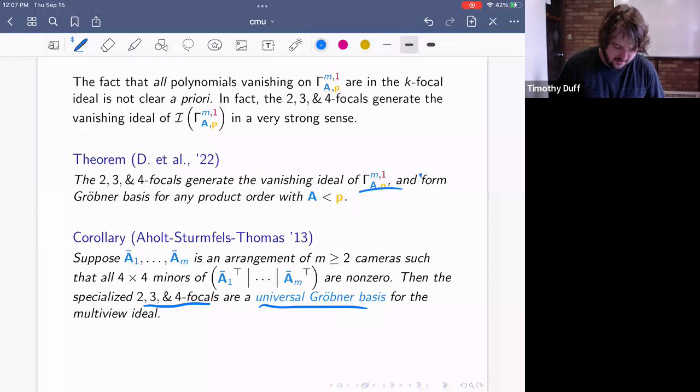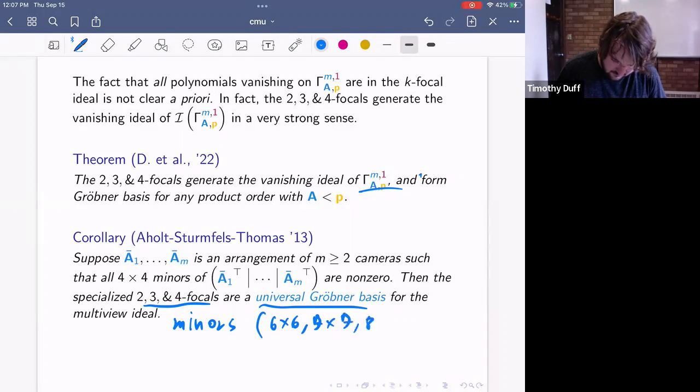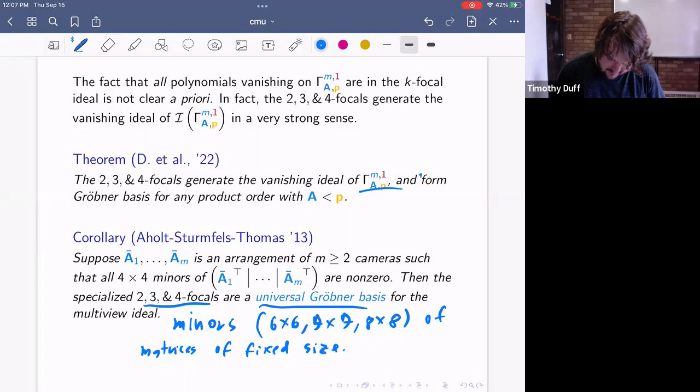So they're all minors, which are, let's say, 6 by 6, 7 by 7, or 8 by 8 of some matrices of fixed size. And the number of them depends on how many cameras you have.